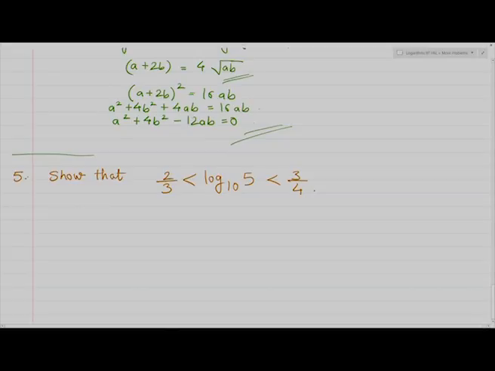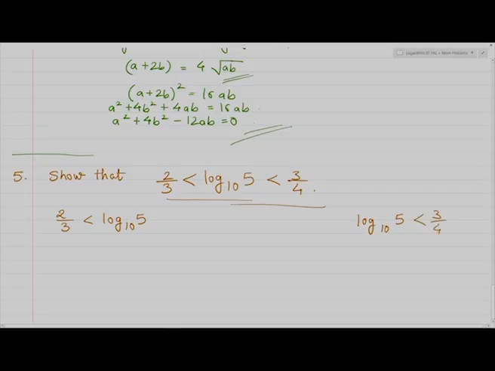So, in order to prove this inequality, I will split it into 2. First, let me try to prove 2 by 3 is less than log to the base 10 of 5, and next I will try to prove log of 5 to the base 10 is less than 3 by 4.